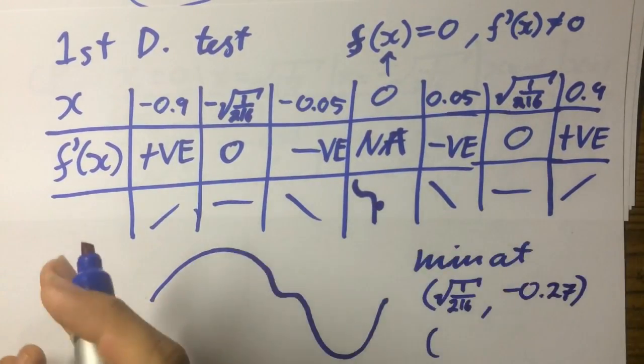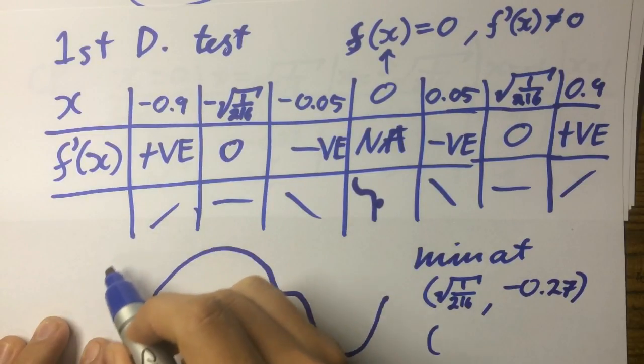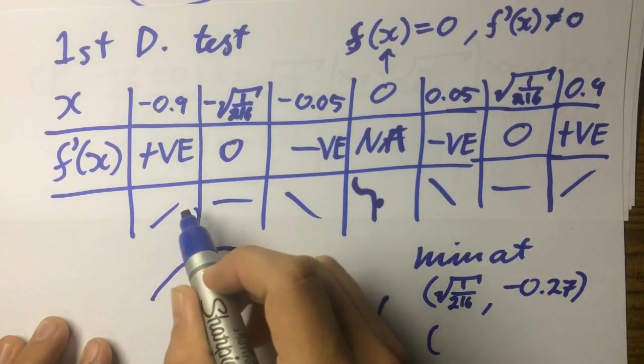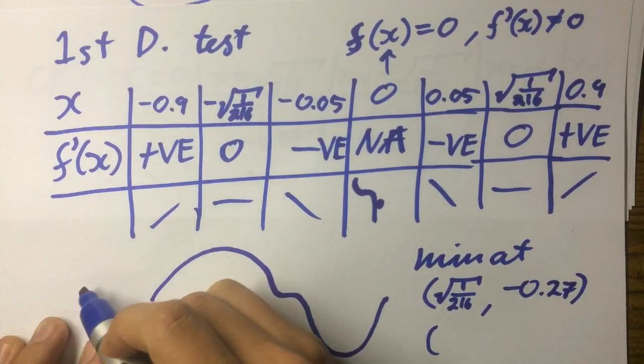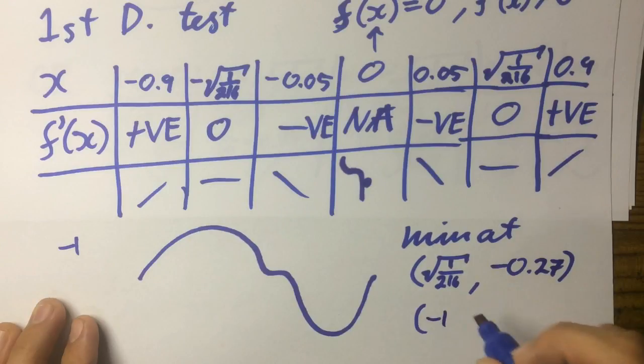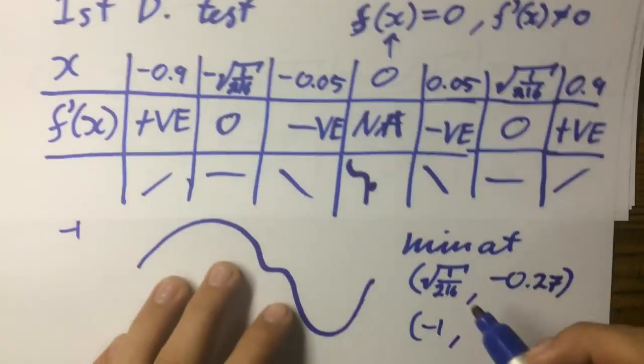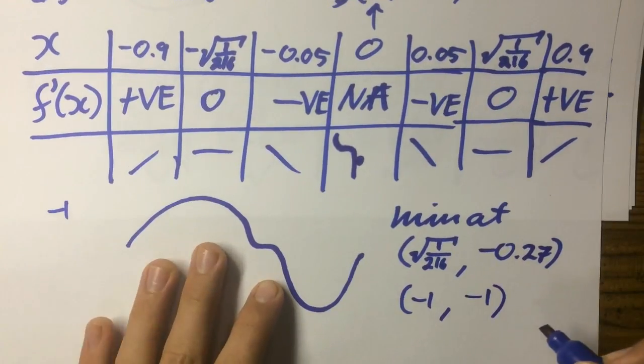And also the end of the domain, because this comes up, so that must mean it's a minimum down here, because it comes up to this, so therefore it must go down to where the -1 lies. Therefore, at x equals -1, f(x) equals -1.